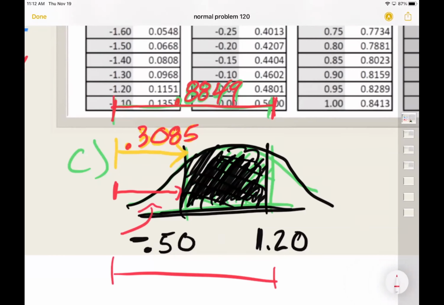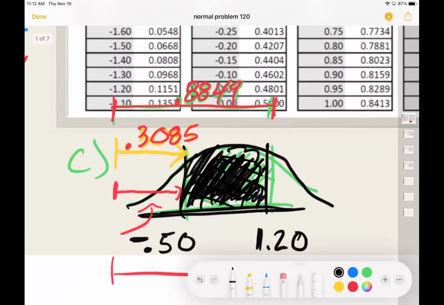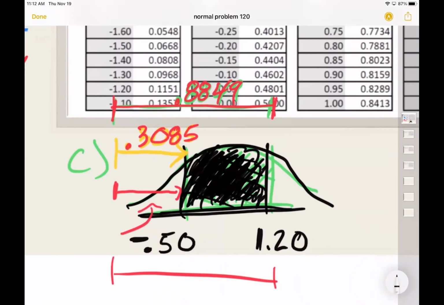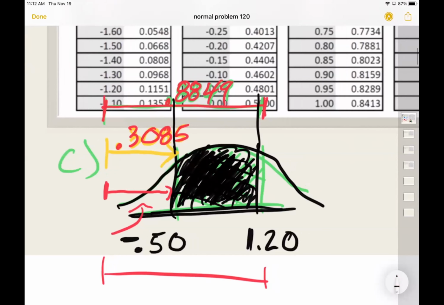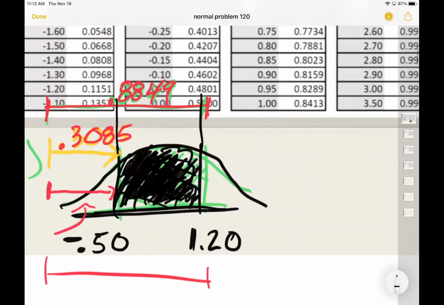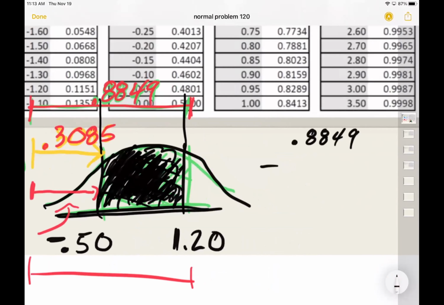We're only looking for this portion in the middle. So everybody see that in order for us to find this portion in the middle, all I need to do is take the bigger value, 0.8849, minus the lower value, which is 0.3085. I can find the difference between them, right?